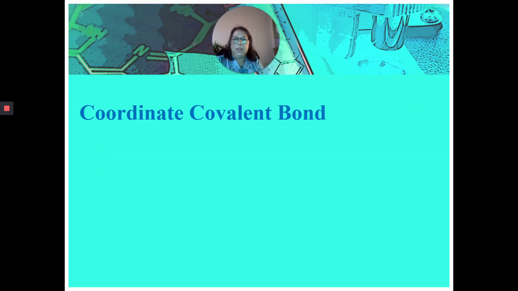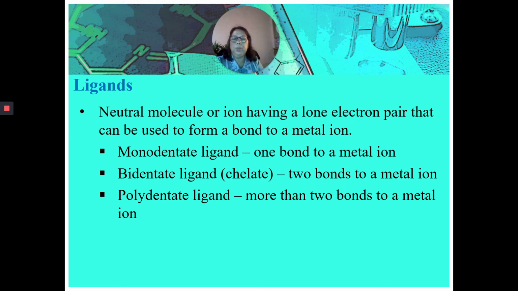Okay. Let's go to a simple discussion of your ligands. Review your ligands when you were still in high school. A ligand could be a neutral molecule or ion having a lone pair that can be used to form a bond to a metal ion.